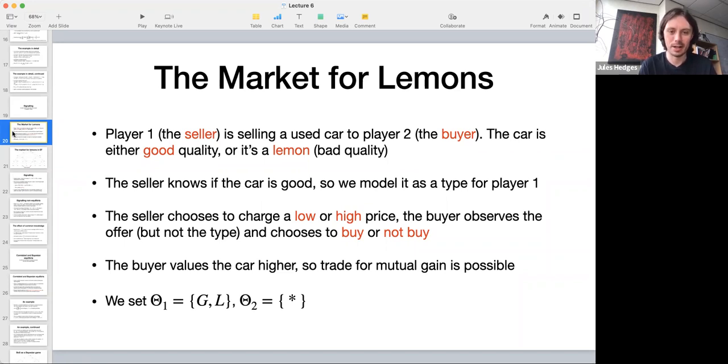Now the seller, after observing whether the car is good or a lemon, can choose to charge a high or a low price. The buyer is going to observe the price that's offered, but is not going to observe the type. And then the buyer has to choose to either buy or not buy.